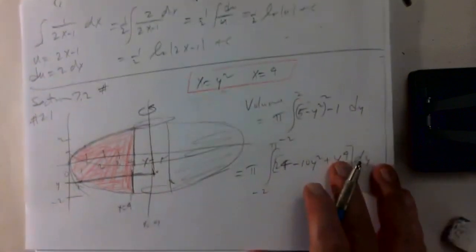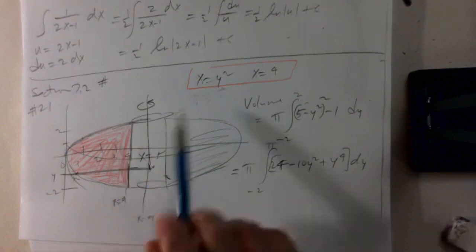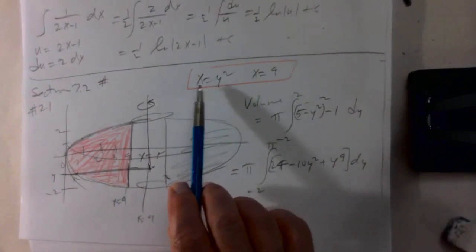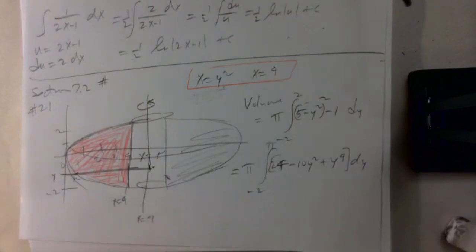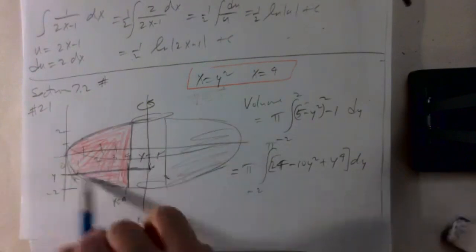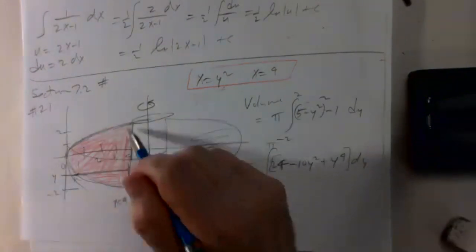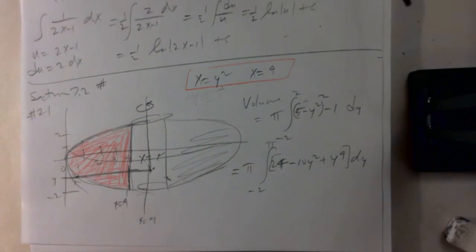In these problems, the hard thing is setting it up. If we have this parabola x equals y squared, you see it's not y equals x squared; x is a function of y. The parabola as a function of y looks like that, and it's cut by the vertical line x equals 4 into this red piece.